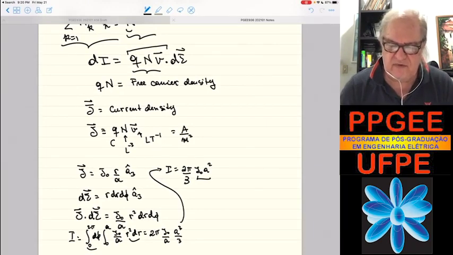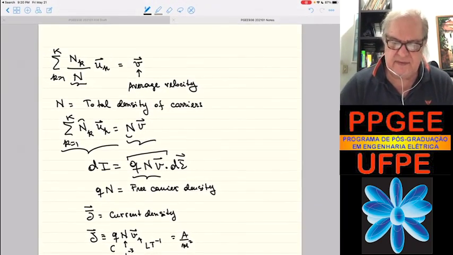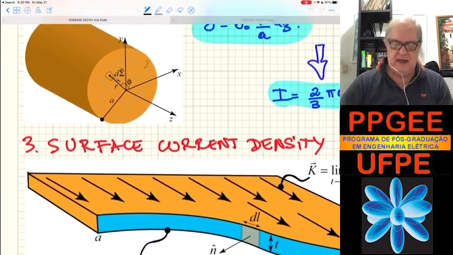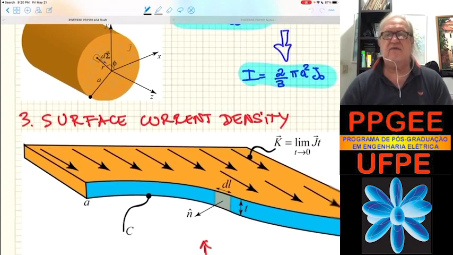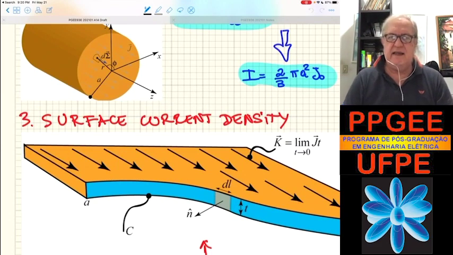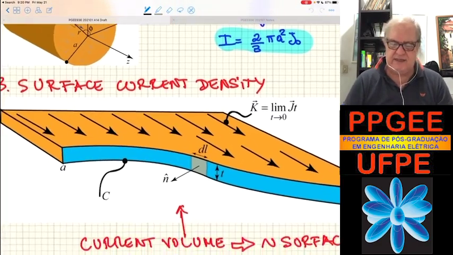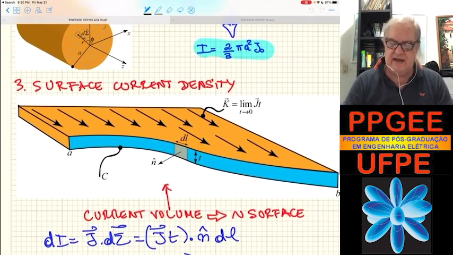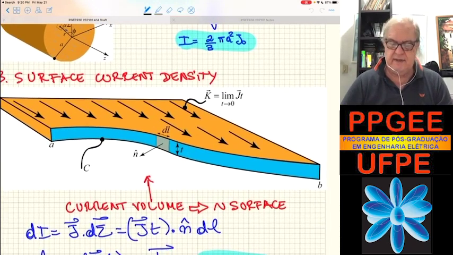Also, before we move to additional topics here, let's look at the special situation in which your volume is almost a surface, right? Very close to a surface. You can neglect the depth in the material, like a foil, like a sheet of material like this, in which you have a thickness T. Okay.